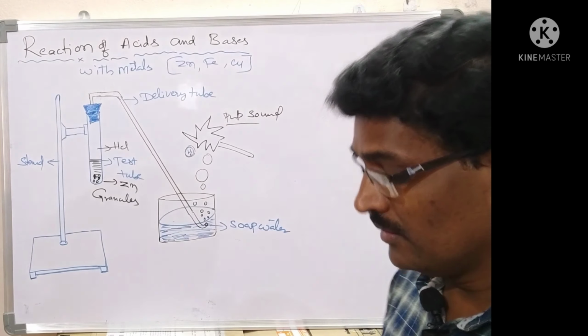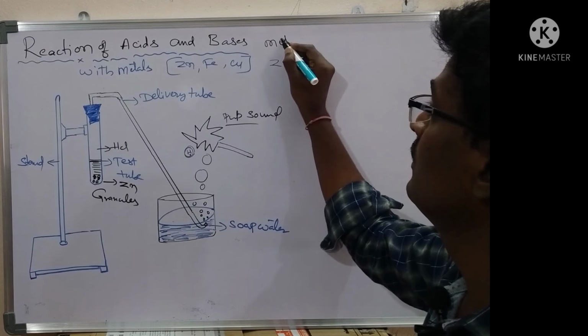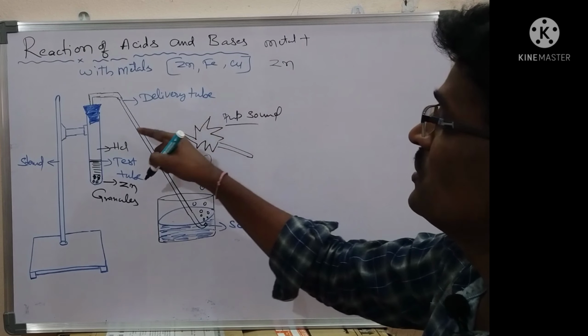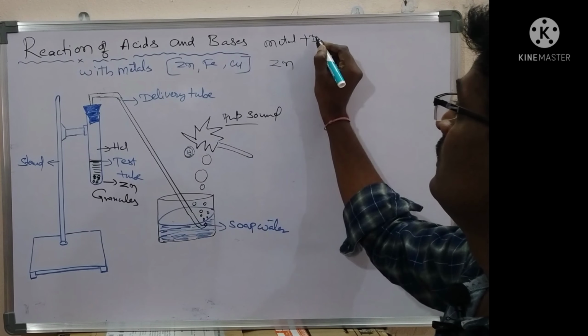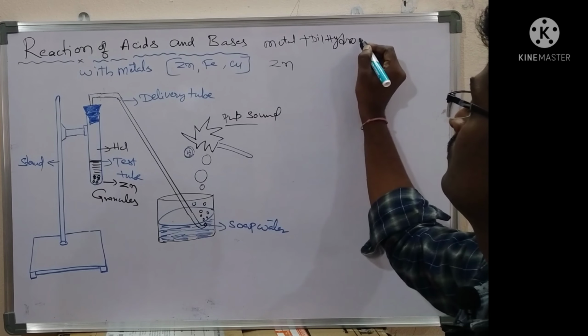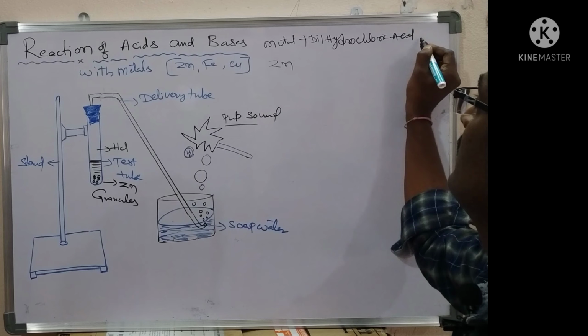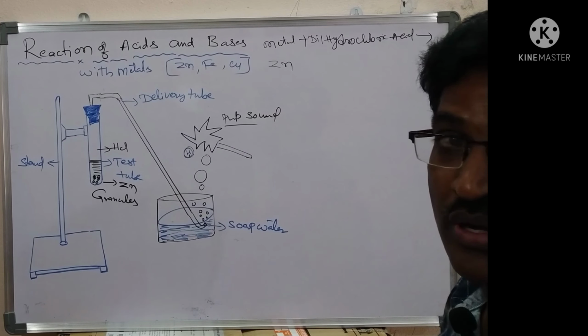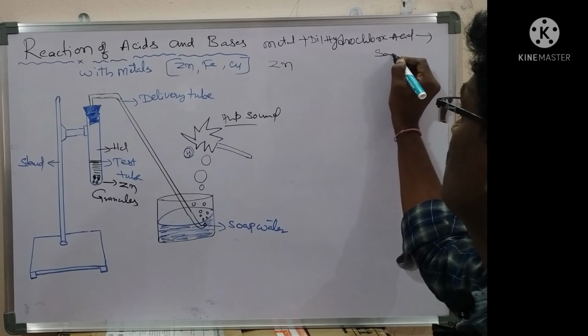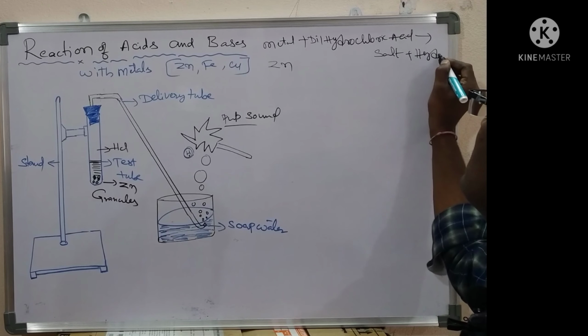What metal have we taken? Zinc is the metal. I am writing here in words: metal reacts with dilute hydrochloric acid, which gives rise to salt and hydrogen gas.